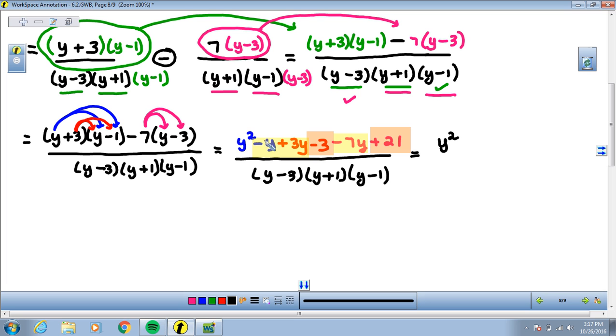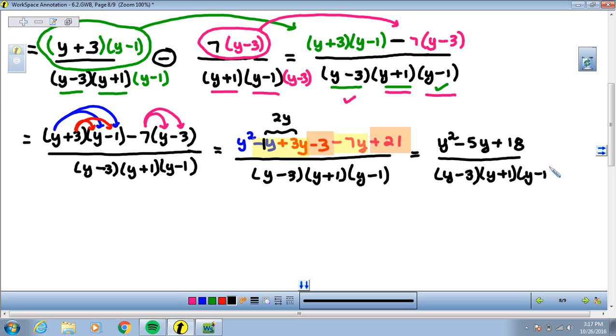Then negative 1y plus 3y, this gives you 2y, right? But then 2y minus 7y is negative 5y. Then the other two numbers, negative 3 plus 21 is positive 18. Everything over my common denominator, y minus 3, y plus 1, and y minus 1.